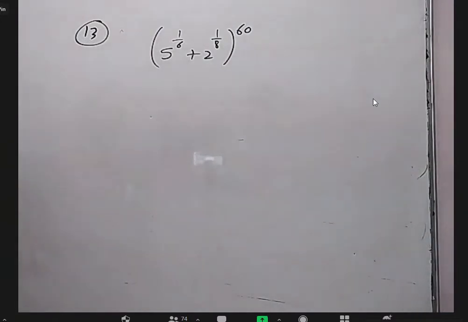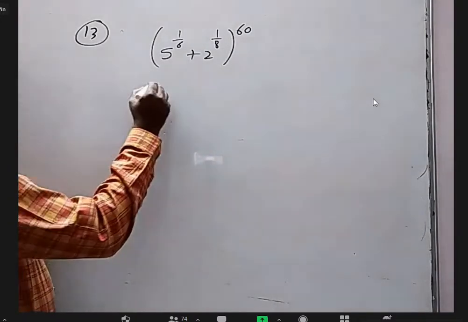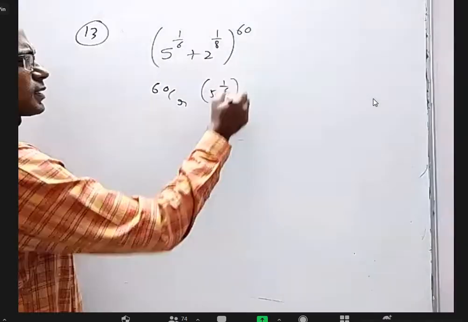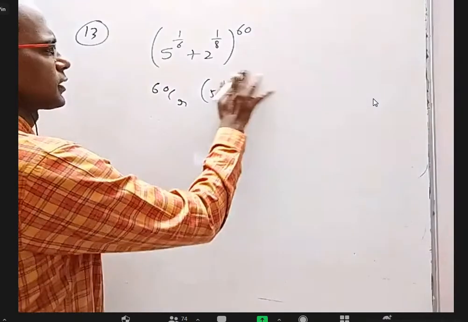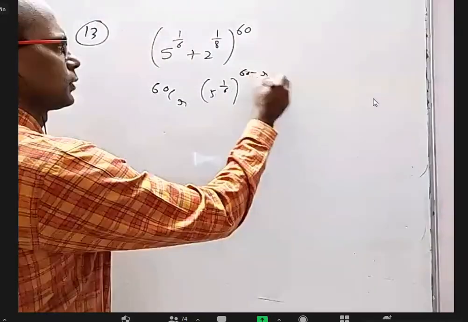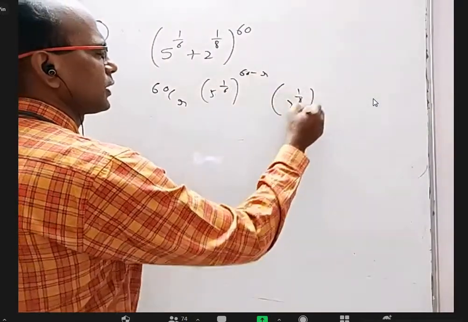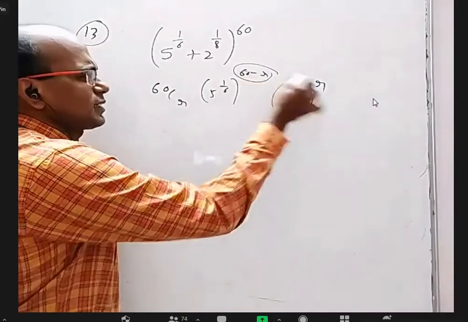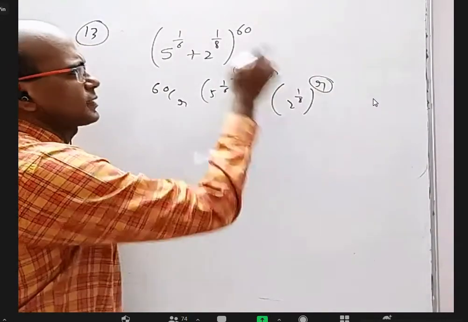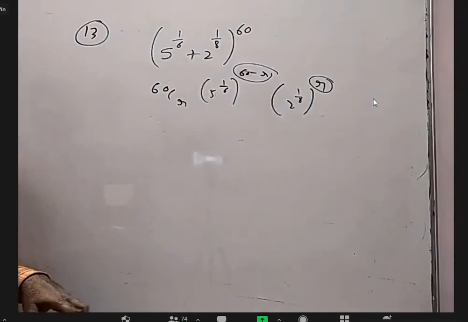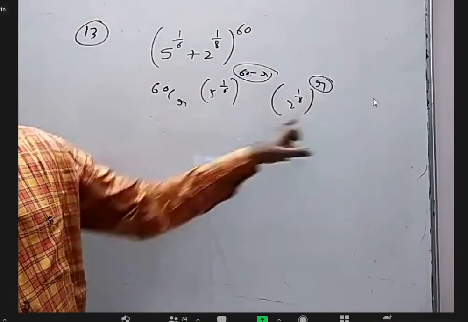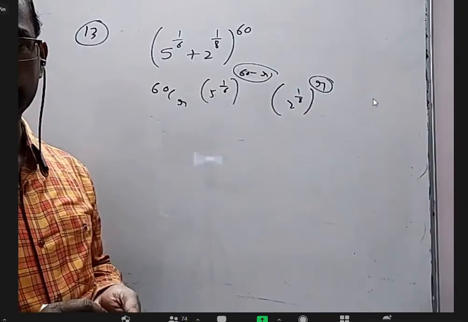How to find? If I take any term, it will be in the form of 60CR (5^(1/6))^(60-r) (2^(1/8))^r. Basically, this is some integer, this is some natural number, and their sum is 60. And we want to know what the power here should be for the whole thing to be a rational term.